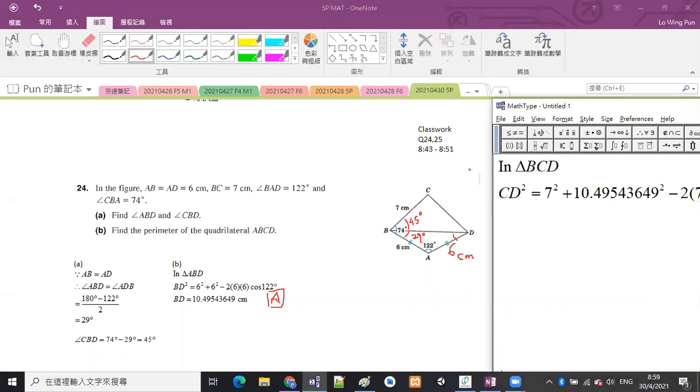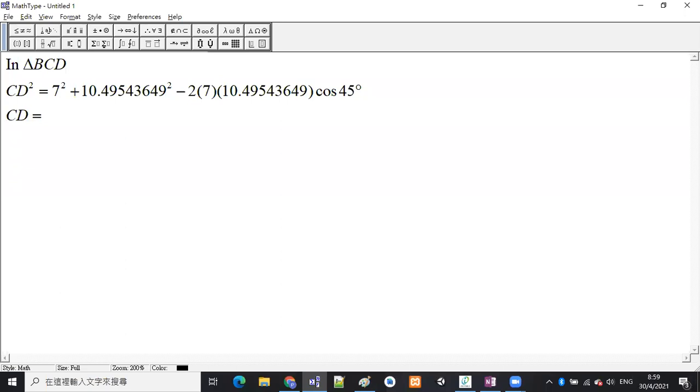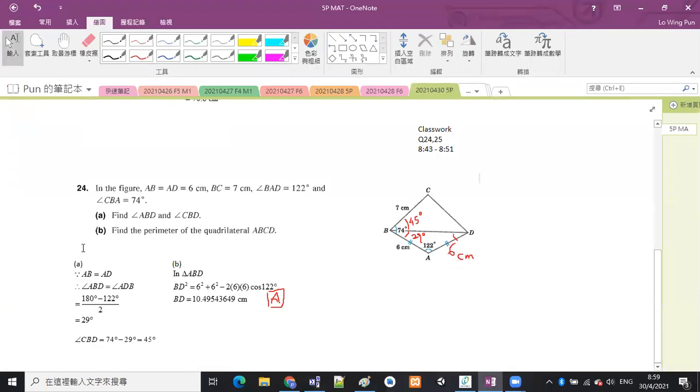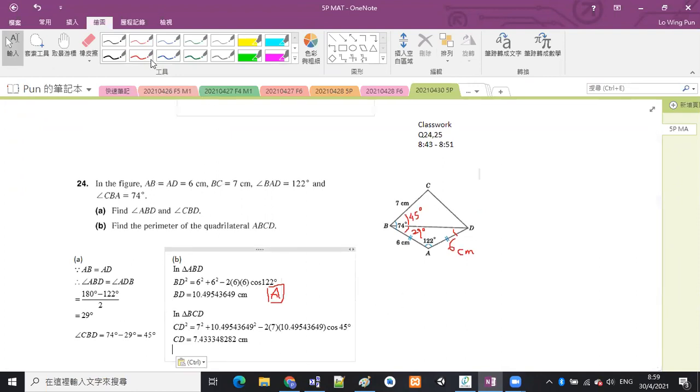Okay, and then you take the square root on the right hand side. So let me see, it should be 7 squared plus memory A squared, and then minus 2 times 7 times memory A times cosine 45 degrees, and then take the square root of the answer. It will be 7.4334882 cm. Okay, and then this is the second long decimal number. And then I will save this number to memory B.